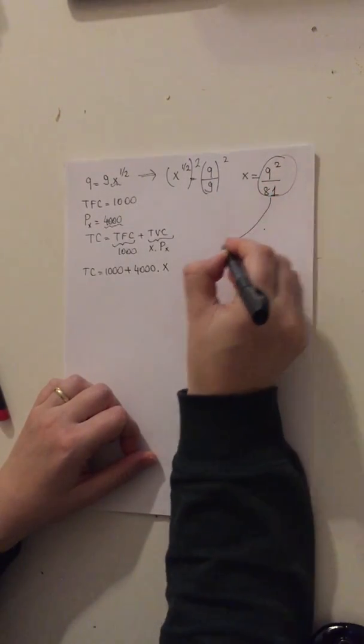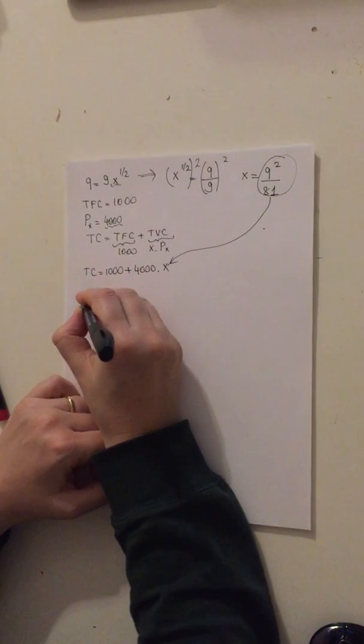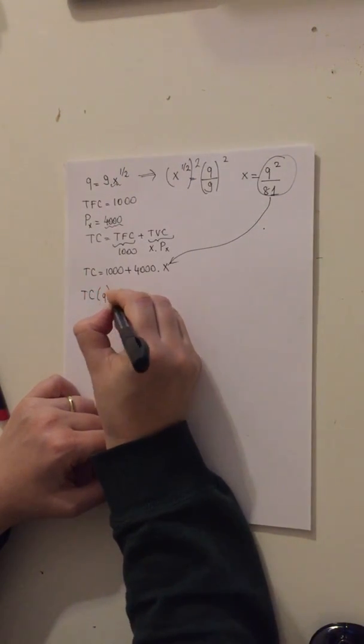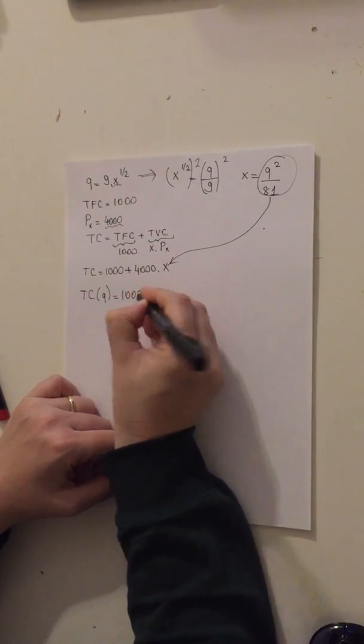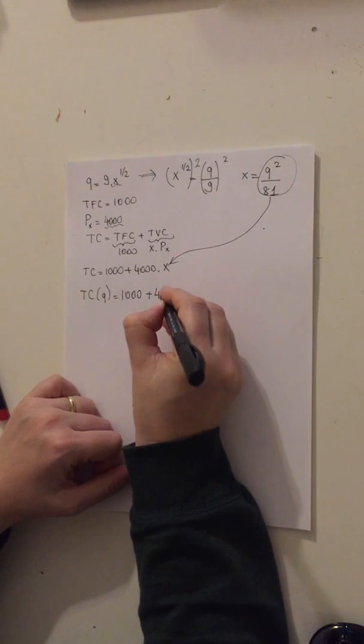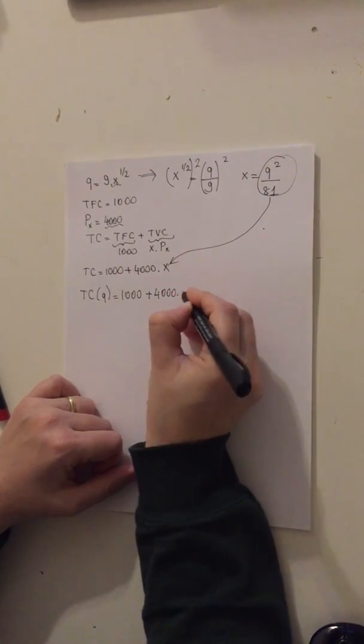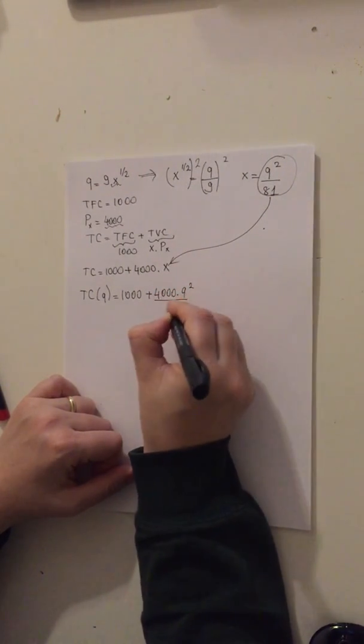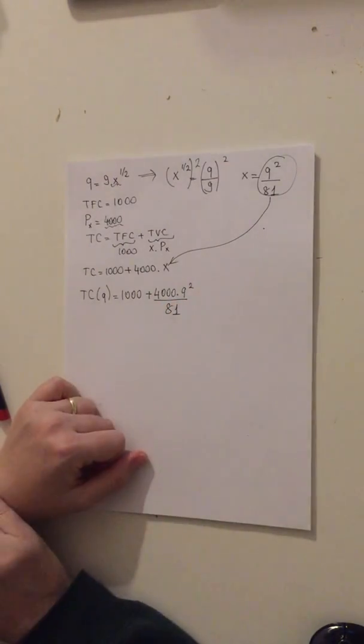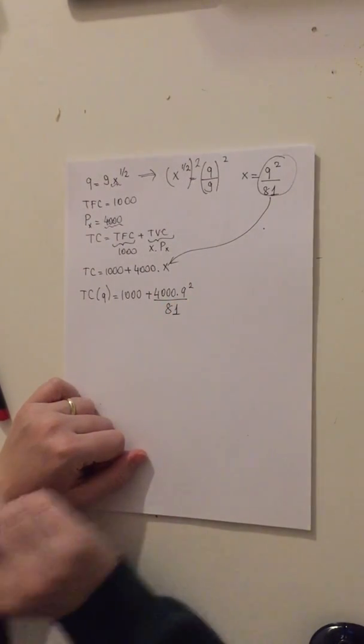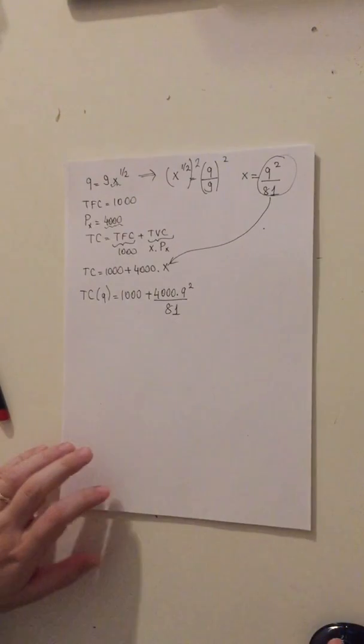Now that will come here. The total cost function in terms of Q is 1,000 plus 4,000 times Q square over 81. That is the cost function in terms of Q.